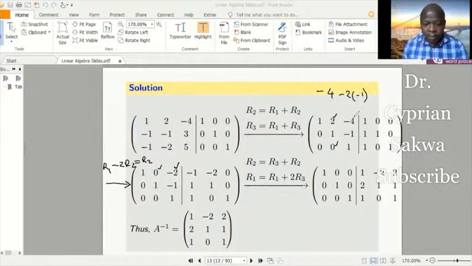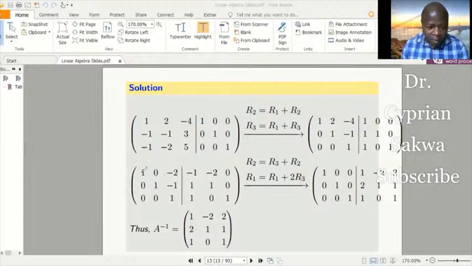And then we come to this 1 minus 2 times 1, and that should be negative 1. That should be negative 1, you see there. And then 0 minus 2 times 1 should be negative 2. Then finally 0 minus 2 times 0 will be 0. So you have this matrix.